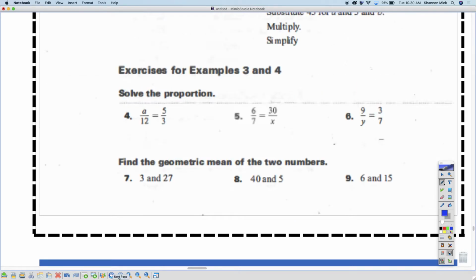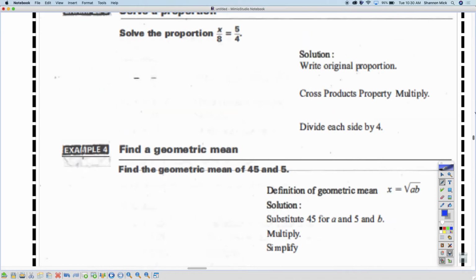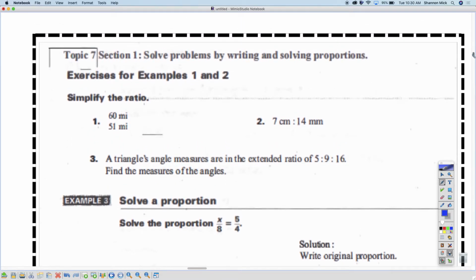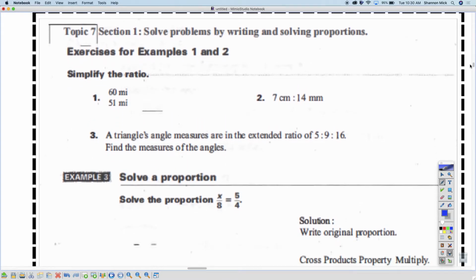Okay, so yours was much nicer than mine is. Okay, try this one on your own. So 60 miles to 51 miles.